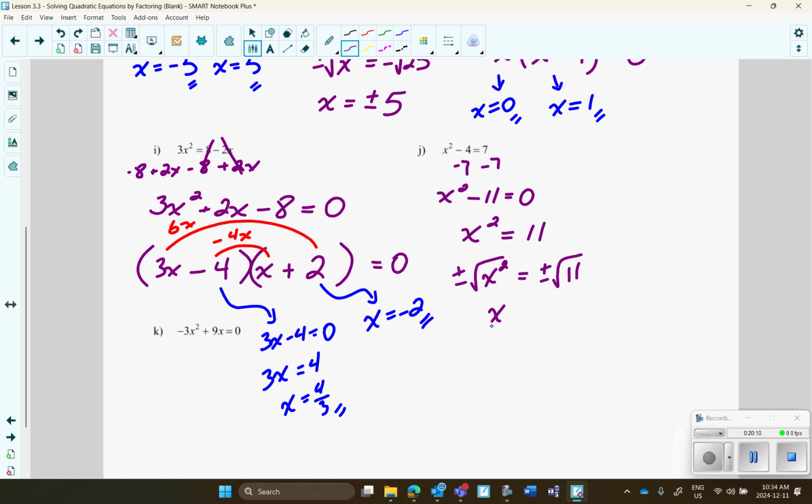So therefore, x is going to be the positive and negative square root of 11. Remember, you know two types of solving equations, using the plus minus square root and factoring. Some you're going to have to use the plus minus square root, and this is an example of that.